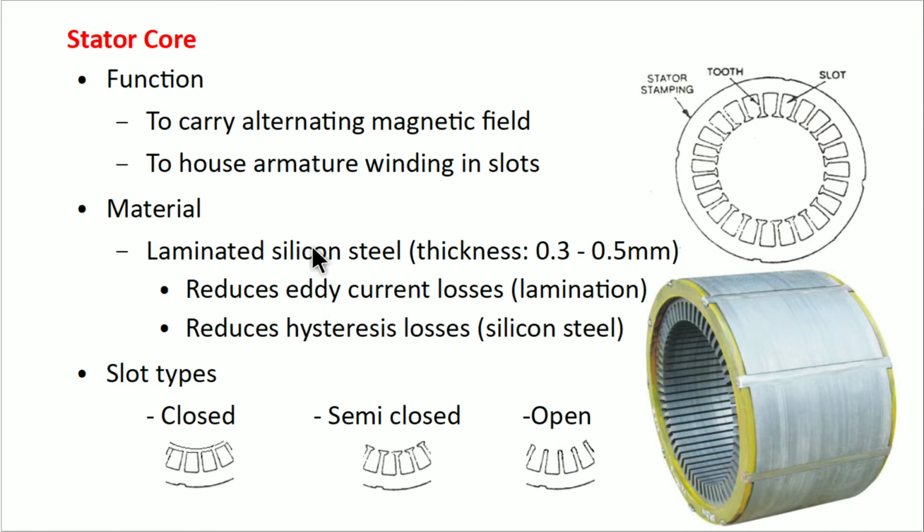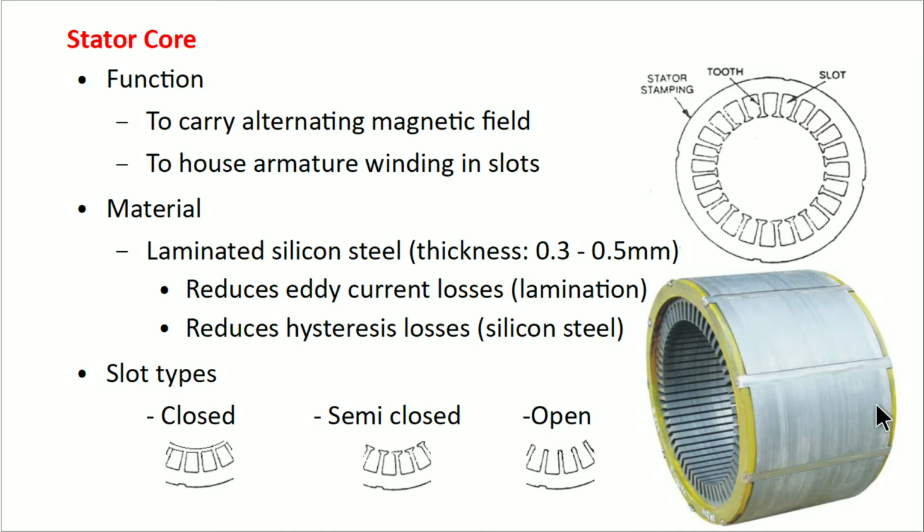The thickness of lamination is generally 0.3 to 0.5 mm, because the more the thickness of the lamination, the more will be the eddy current losses. So to reduce the eddy current losses, the core is laminated.